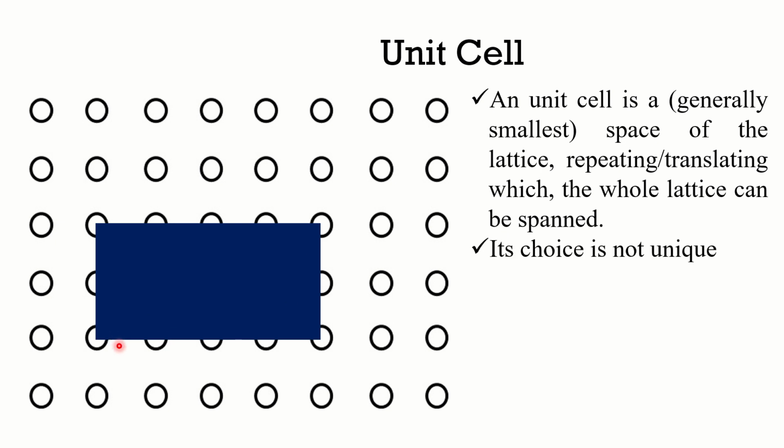Now its choice is not unique. Why have I said this? Because let us consider this small region. Again, if I repeat this, I can fill the entire space. Here also, if I repeat this structure, I can fill all the space.